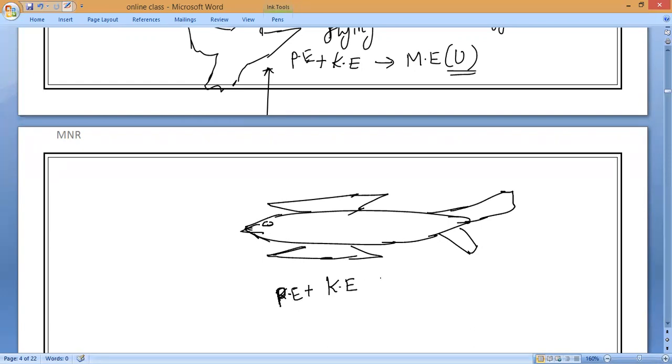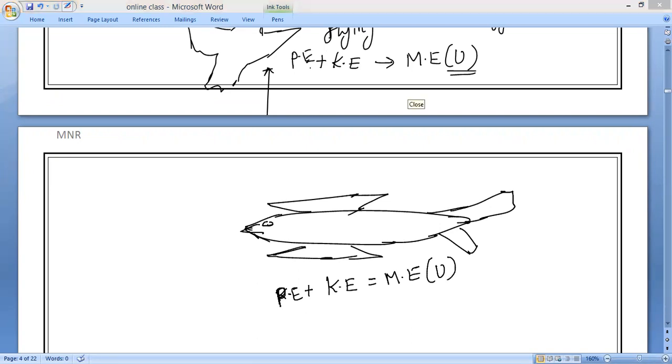It will be having kinetic energy. So it is possessing what energy? Mechanical energy. That is what you have to remember.